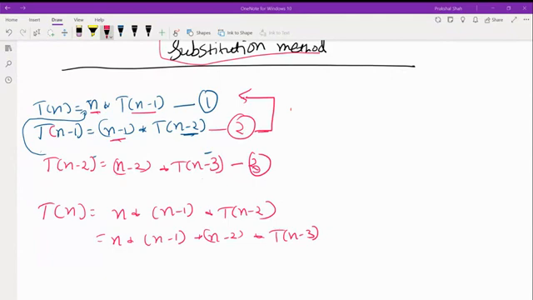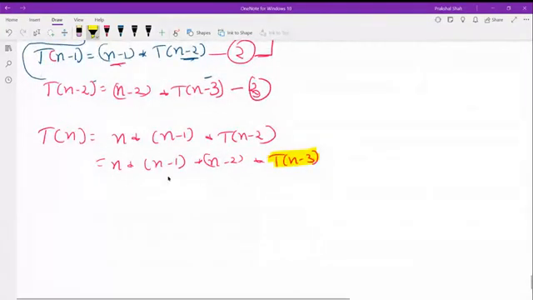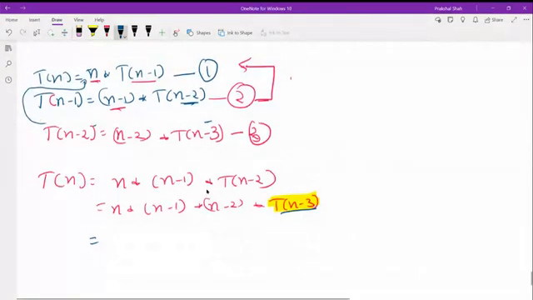Correct. Now my main aim here is to terminate this term. This should always be your aim, otherwise you will not be able to find your answer. So what I'll do is take one smart move here. Since T of n equals n into n minus 1 into n minus 2 into T of n minus 3, we put 3 in 1, so it will be 3 here, if I'm not wrong.